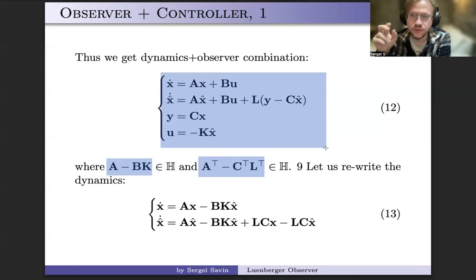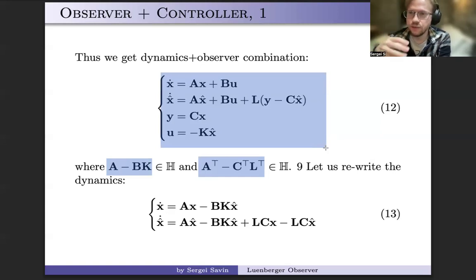But there will be different observers, with slight variations in how they behave, for which you wouldn't be able to make such a judgment. You won't be able to design a stable observer, design a stable controller, and hope that together they form a stable system. The system might become unstable.